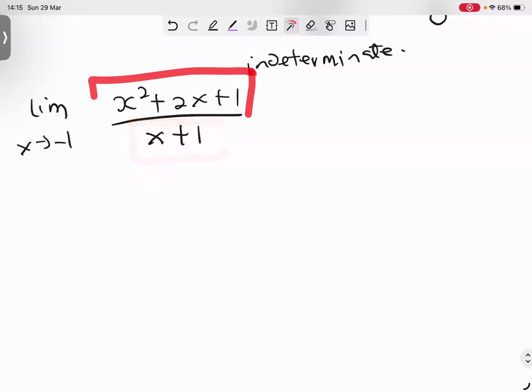So we go to the numerator, which is x squared plus 2x plus 1. It is quadratic, and a quadratic we can factorize into linear times linear. So we can't do anything about the denominator, but we can do something about the numerator. And this will be the limit as x approaches -1.